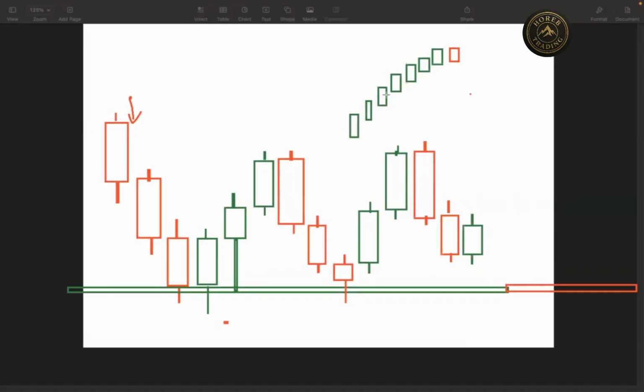It's like hitting a ball, and the ball hits the wall. What will happen? The power of the ball will be slowed down. That's exactly the same thing. So if one seller's candle enters, it will break the momentum, it will reduce the power.